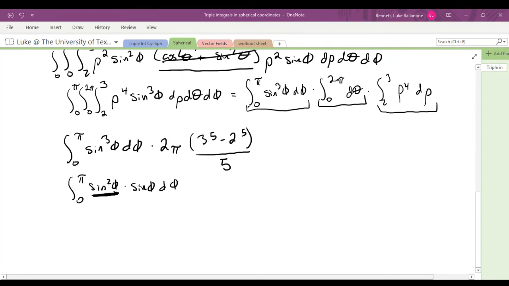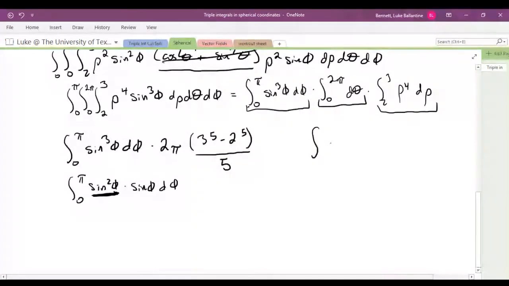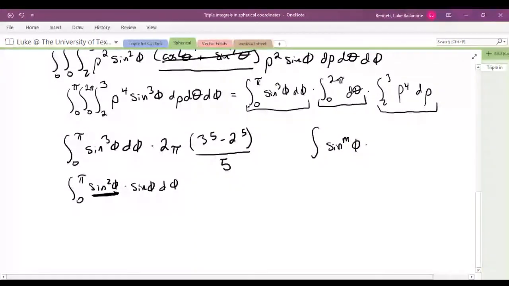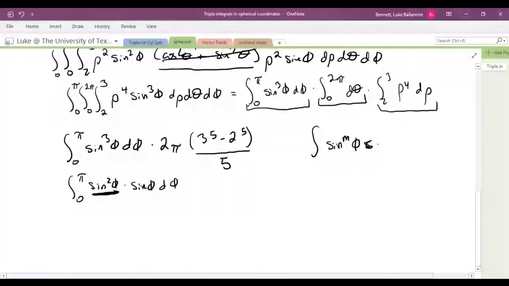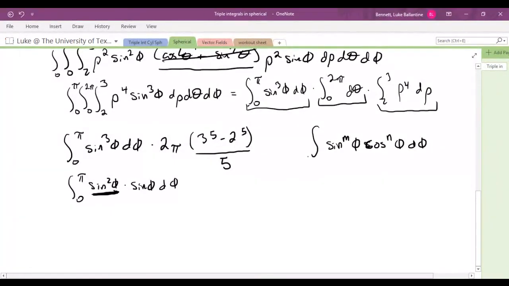Actually, as a matter of fact, this type of integral, the integral of sine to the m, I'll call it phi, why not, cosine to the n phi d phi, is covered. I think it's chapter 7.2 in Stewart's calculus book.